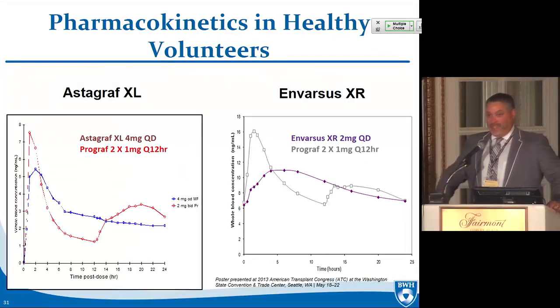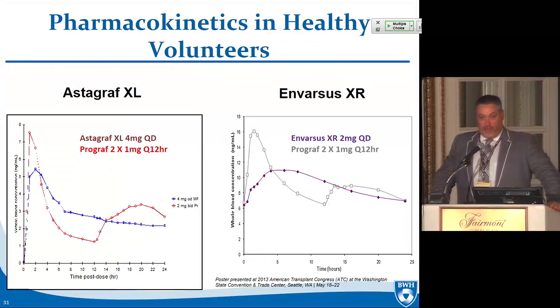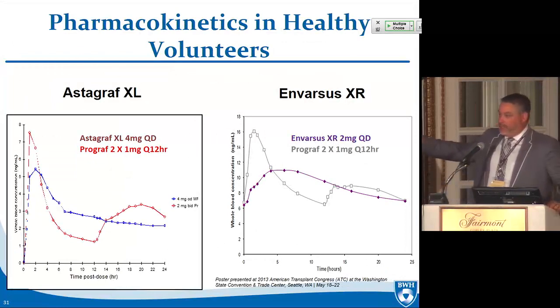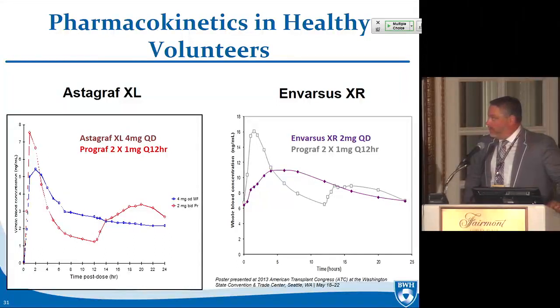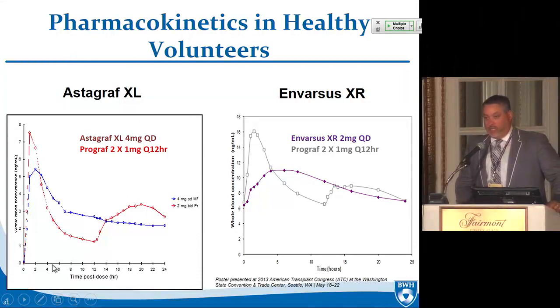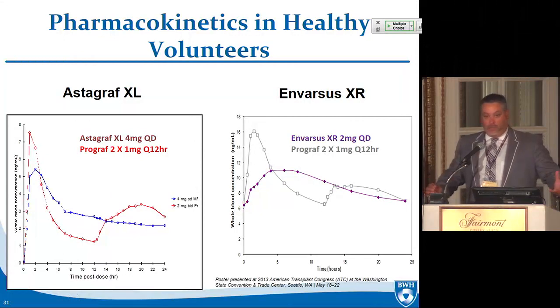There are 2 once-daily formulations of tacrolimus, and here is their PK curves. Now, I'll answer this question up front. You can see this is, in red, conventional twice-daily TAC. This is what you see in all of your patients. This is called diurnal variation, in that they don't absorb it as much at night, and that's typical for most medications.